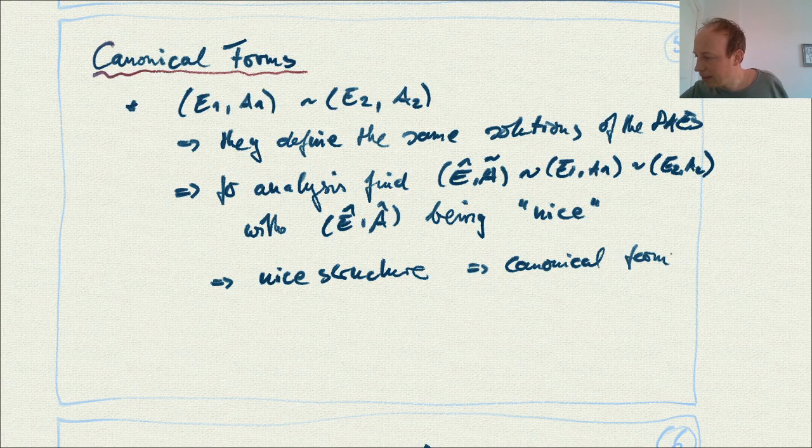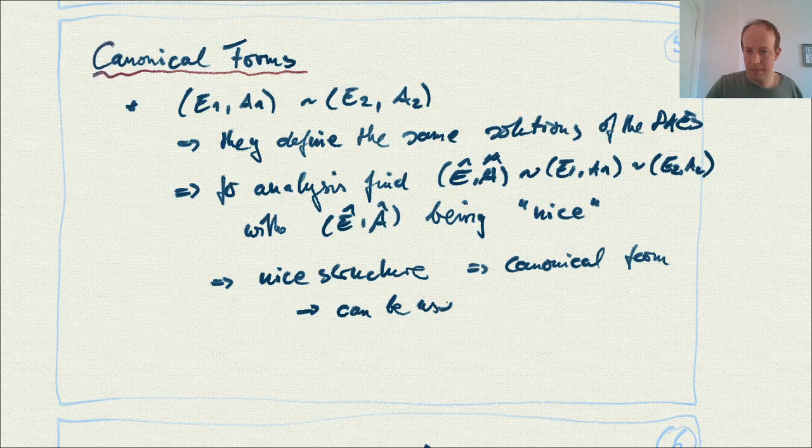I think in the script I rather said that once one has such an equivalence relation, then one defines equivalence classes. Equivalence classes contain all those elements that are equivalent to each other, and finding this E hat, A hat is finding a representative out of this class which represents the class in a nice way. In the script I said it has a nice structure, and this means it can be used for analysis.